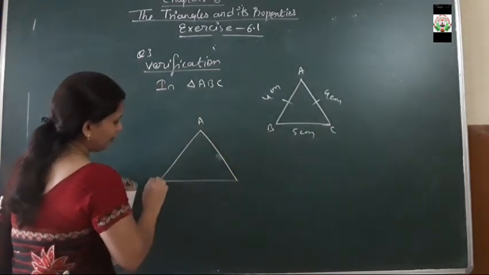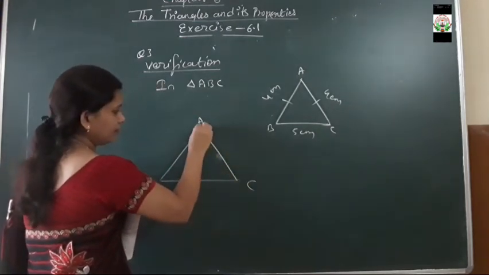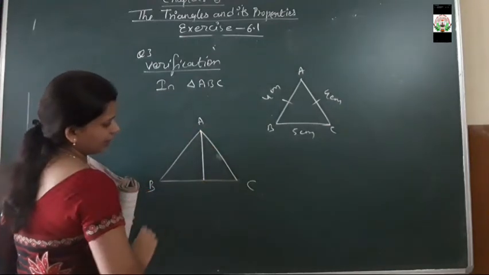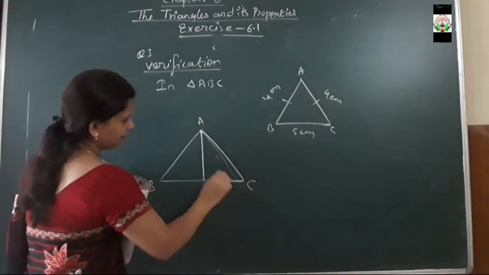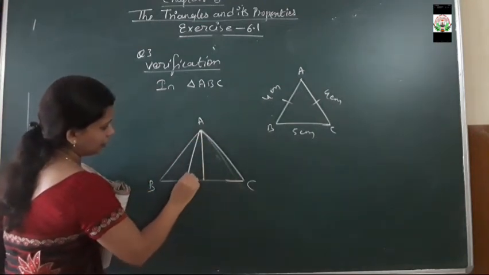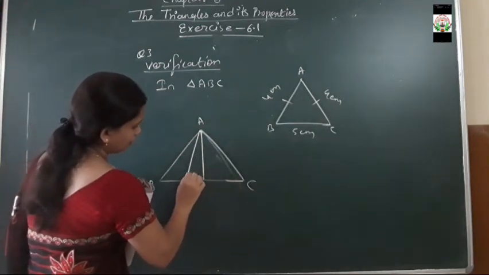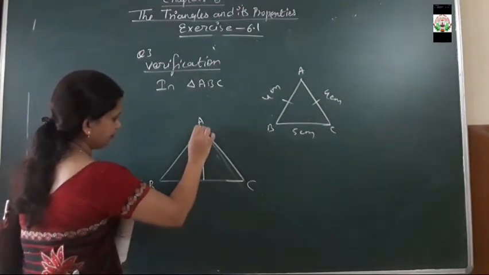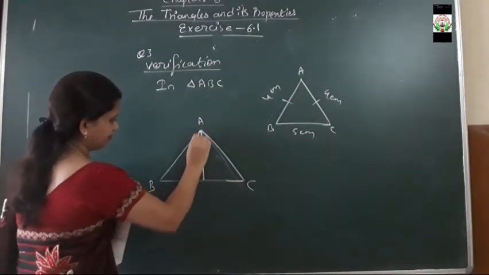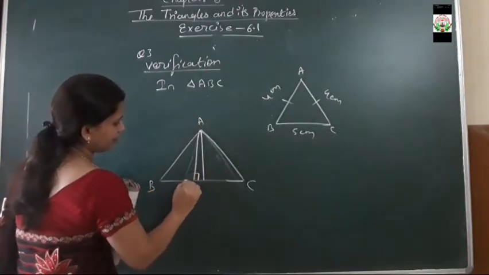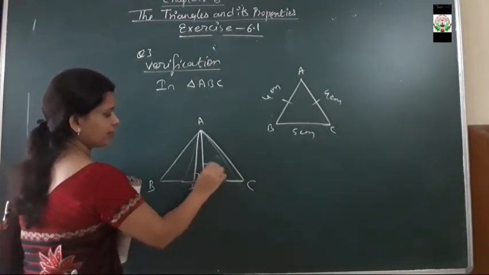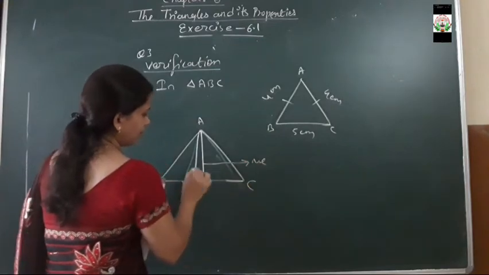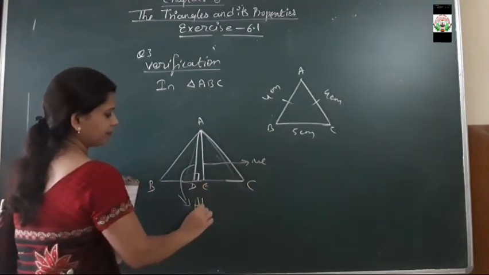A, B, C. Now this will be a median and this will be the altitude, as it makes 90 degrees. So here it is DE. This is the median, this is the altitude.